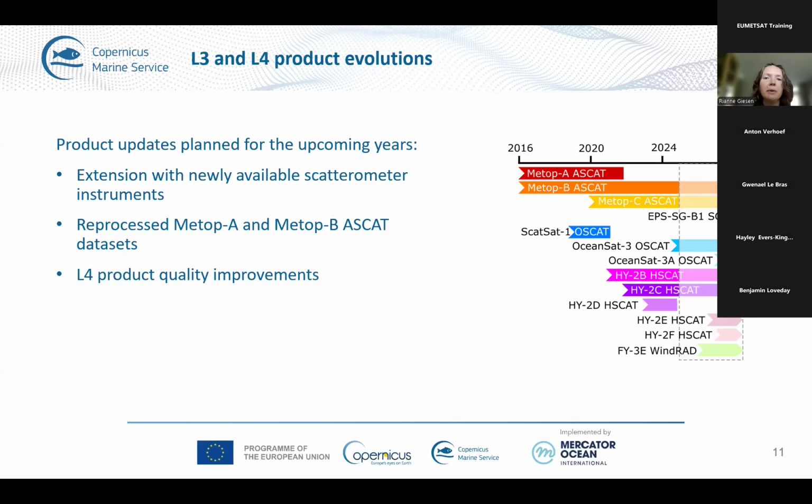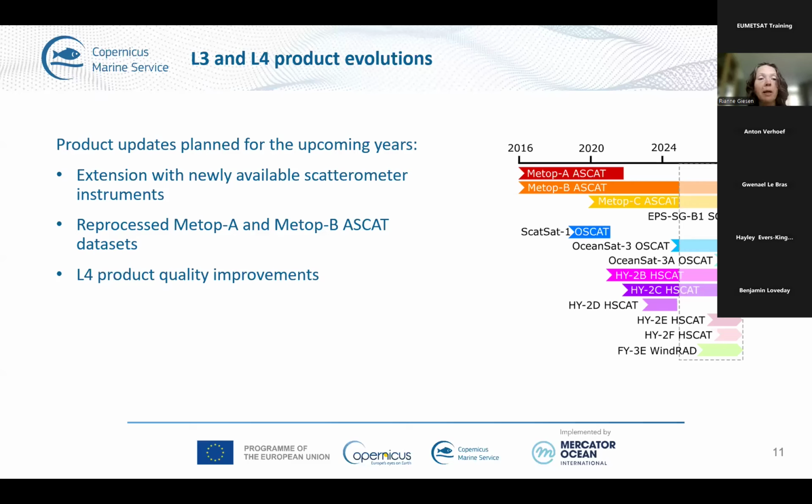So what we plan to do in the upcoming years, we will keep extending the near real-time products with newly available scatterometer instruments. So we expect additional Haiyang instruments, another OceanSat OSCAT instrument, and also, as Anton already mentioned, SCA. There is currently an ongoing reprocessing of the METOP A ASCAT dataset, and we also anticipate METOP B ASCAT dataset reprocessing.